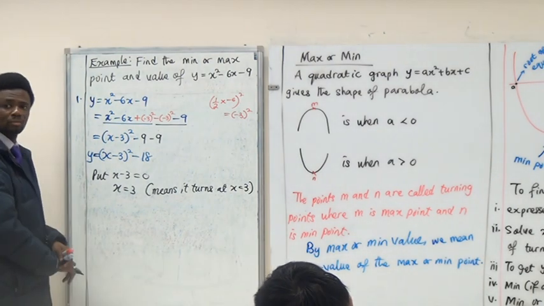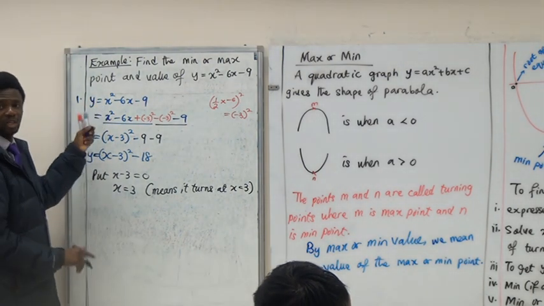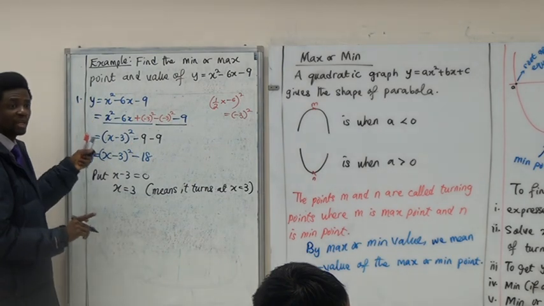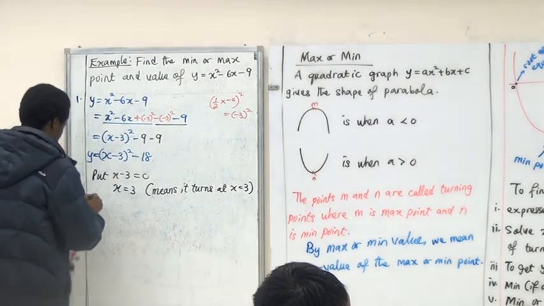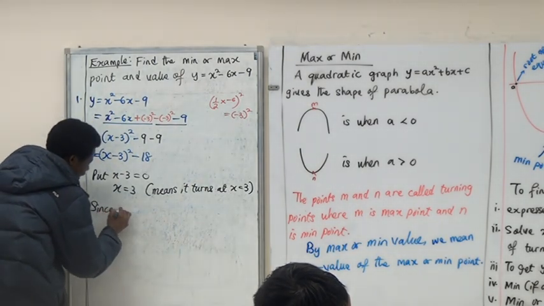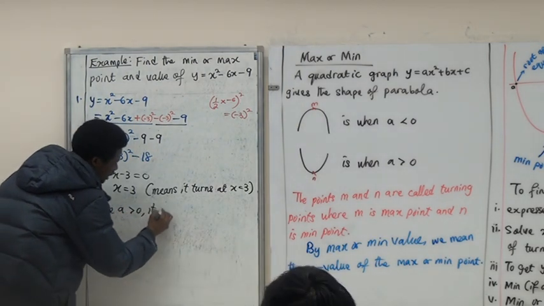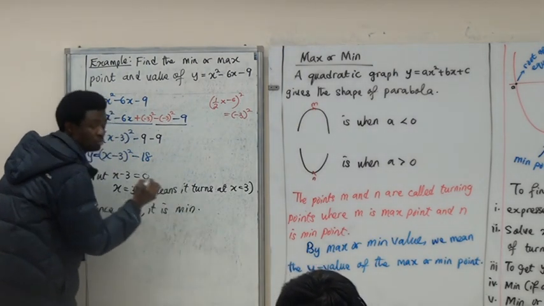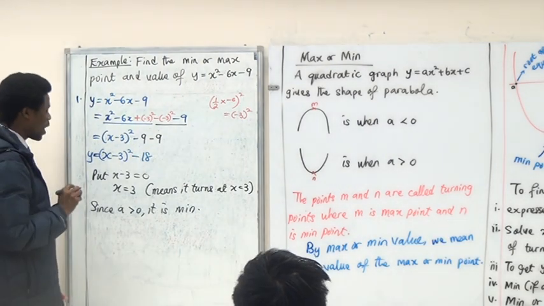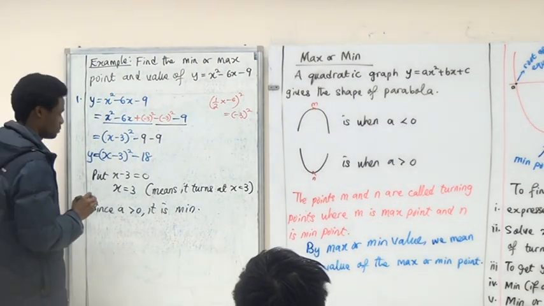Why is it minimum? Because the coefficient, not x squared itself, the coefficient of x squared is positive. So you can say, since a is greater than 0, it is minimum. Alright? So what is the y value at that point? -18.